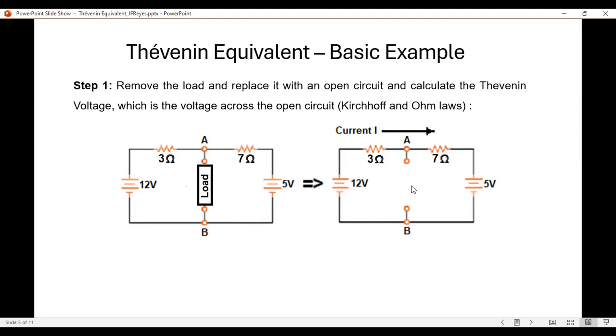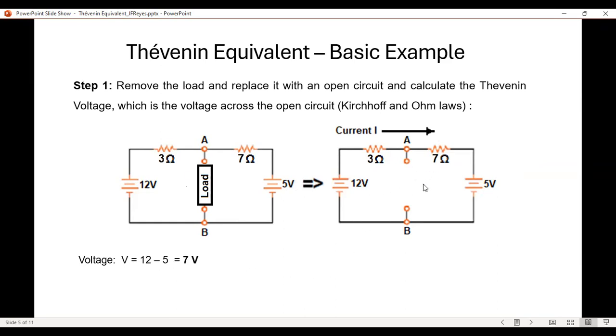So we remove the load, and we have to calculate the Thevenin voltage using the remaining circuit. In this circuit, we see that the net voltage is the difference between 12 volts and 5 volts because they have different sign. Therefore, 12 minus 5 is 7 volts.